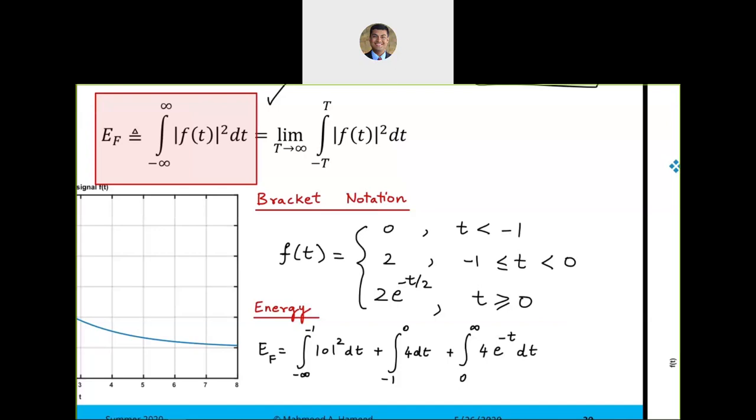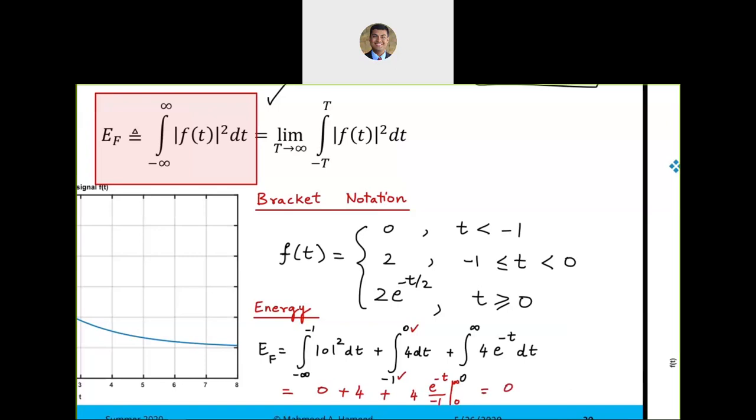All right, let's try to solve this out. This will be, of course, 0. This will be 4 times 1 time unit, so it will be 4 plus, this will be 4 times e to the negative t over negative 1 with the limits 0 to infinity.